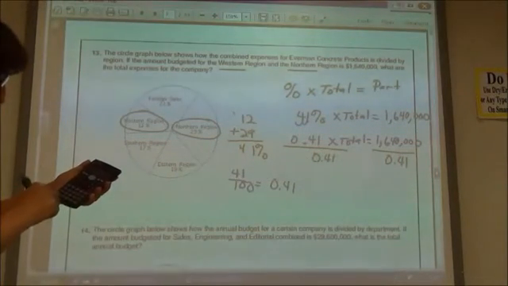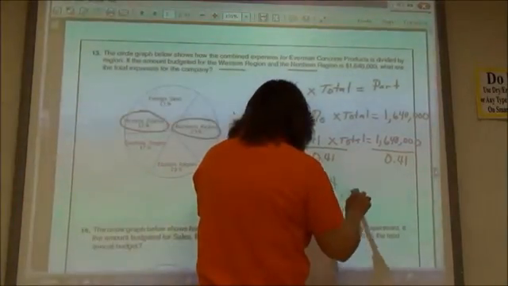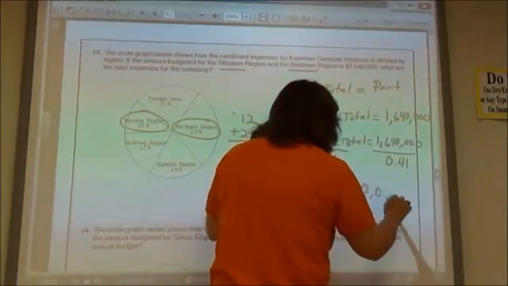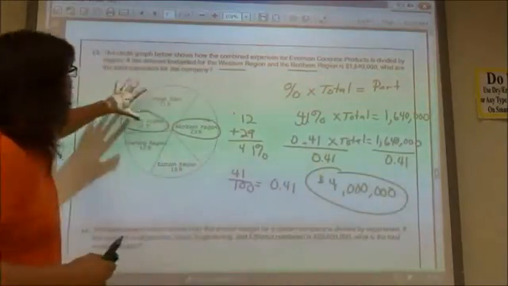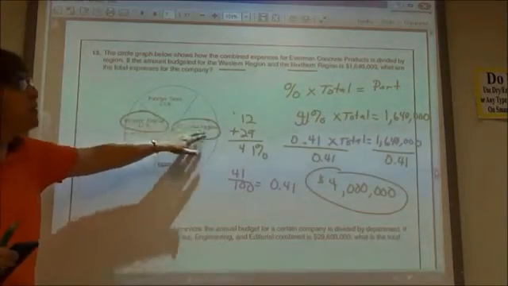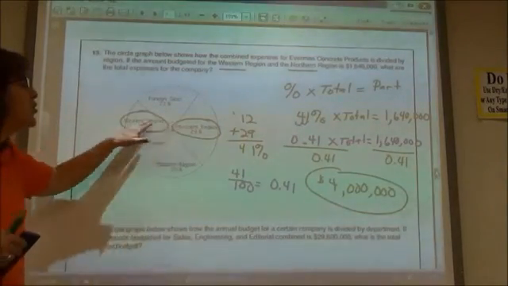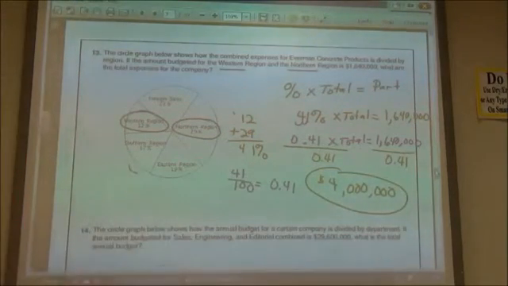I'm going to divide it by 0.41, and so I get 4 million for the total of what the pie chart is. And that would make sense if I spent $1,640,000 on just 2 of these. If I have all of the sections together, I have to have a bigger number, 4 million.